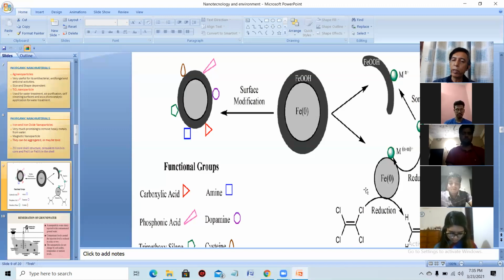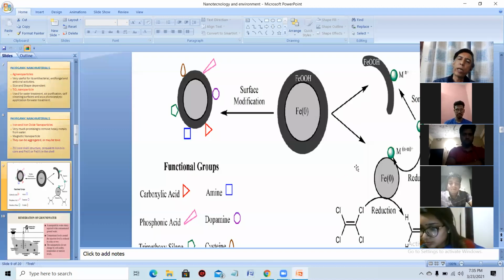When the chlorinated compound comes here, the Fe0, the core structure, reduces this chlorinated compound to the hydrogen related compound.